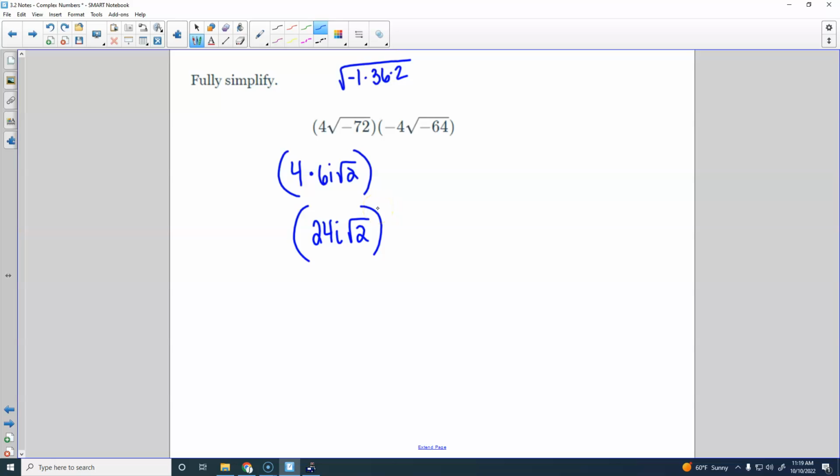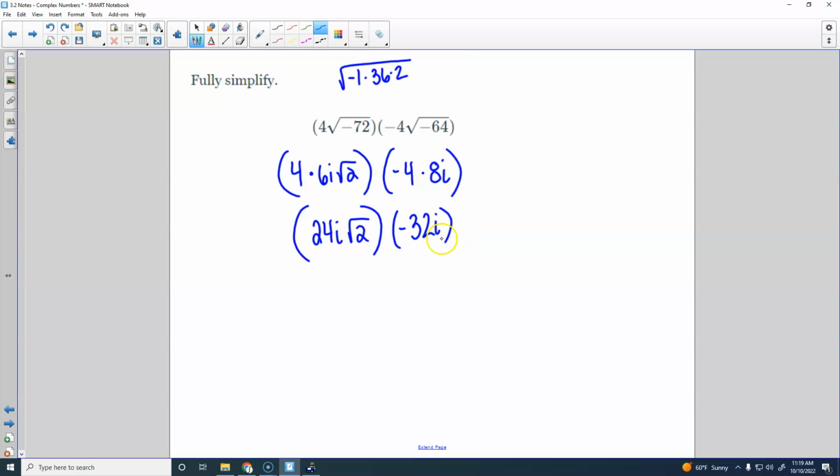So I'm breaking down first on this one. And then over here, 64 is a perfect square, right? So this is just going to be 8i, right? So I get negative 32i here.